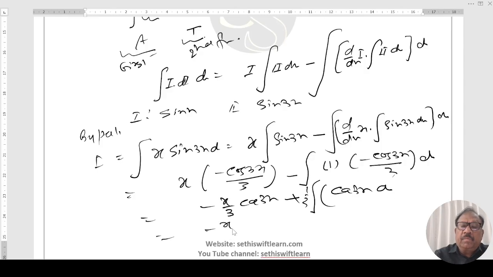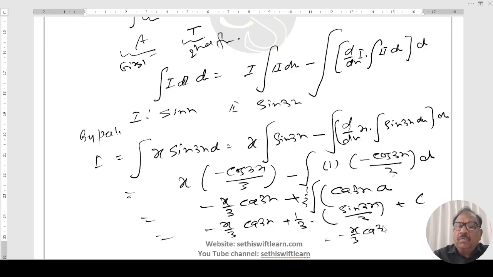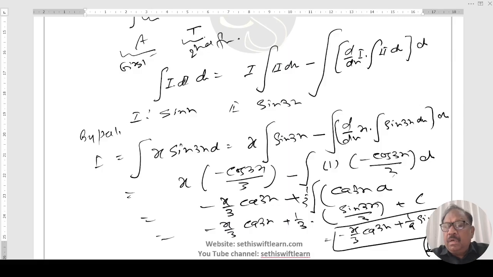On simplification, minus x by 3 cos 3x plus 1 by 3 into the integration of cos 3x, which is sin 3x divided by 3, plus c. The answer will be minus x by 3 cos 3x plus 1 by 9 sin 3x plus c. This is the answer.